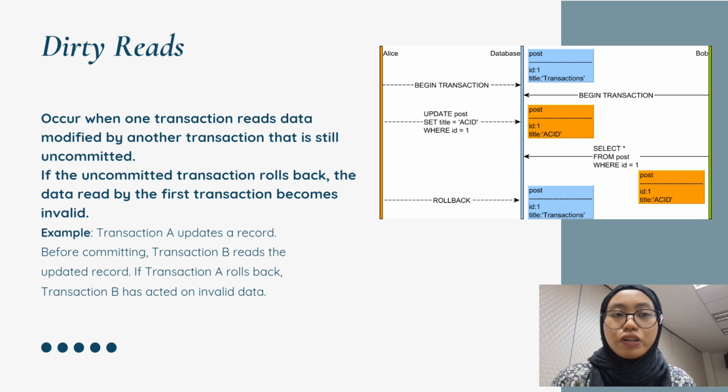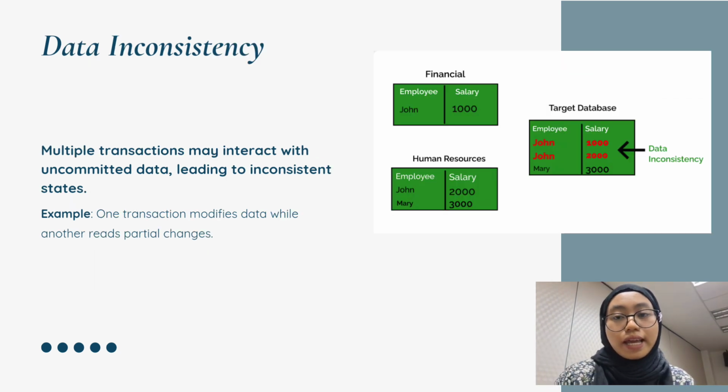Before committing, transaction B reads the updated records. If transaction A rolls back, then transaction B has acted on invalid data. Next, data inconsistency, where multiple transactions may interact with uncommitted data, leading to inconsistencies. For example, one transaction modifies data while another reads partial changes.